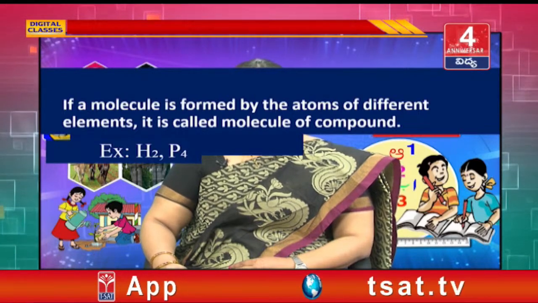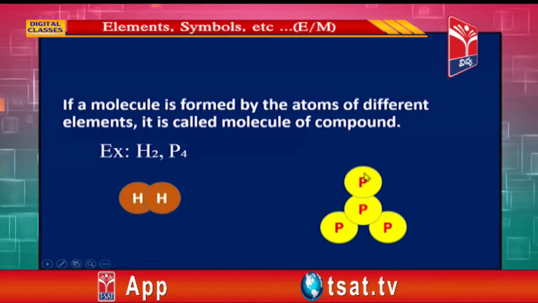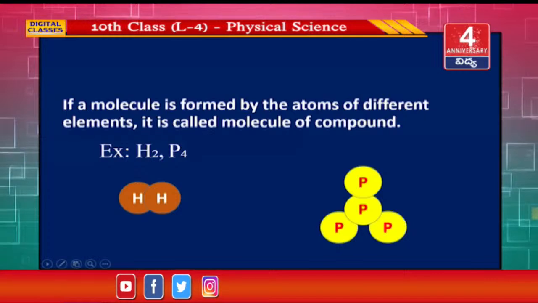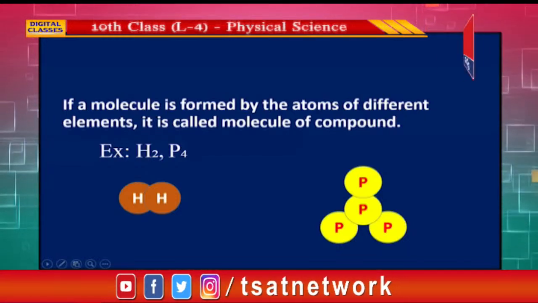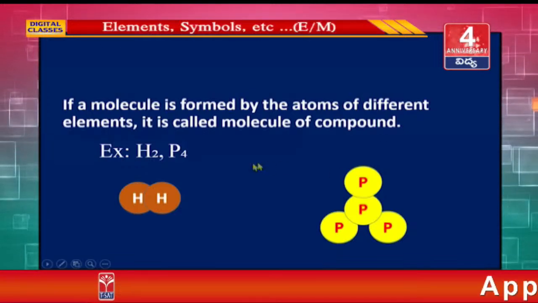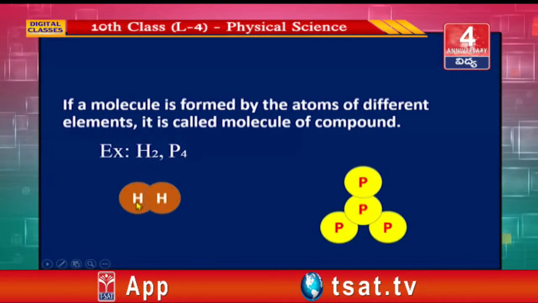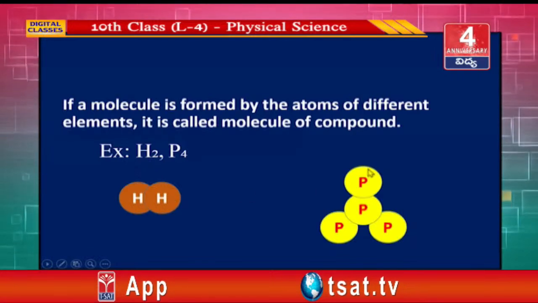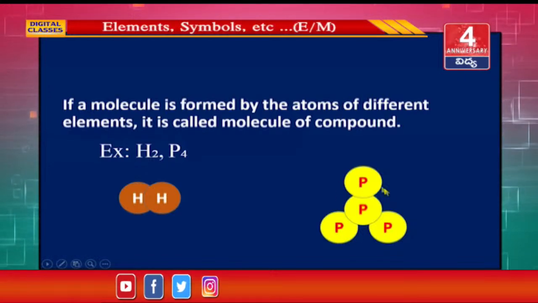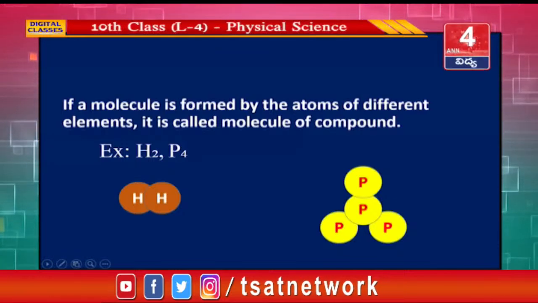Similarly, if you take phosphorus atoms, 4 phosphorus atoms combine to form the P4 molecule, the phosphorus molecule. Okay, children, these are called molecules of elements because this molecule is altogether made up of the same element, hydrogen and hydrogen. This molecule of phosphorus is made up of only phosphorus atoms. So therefore these are called molecules of an element.